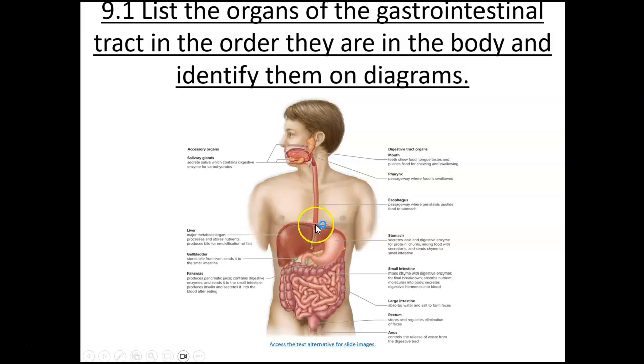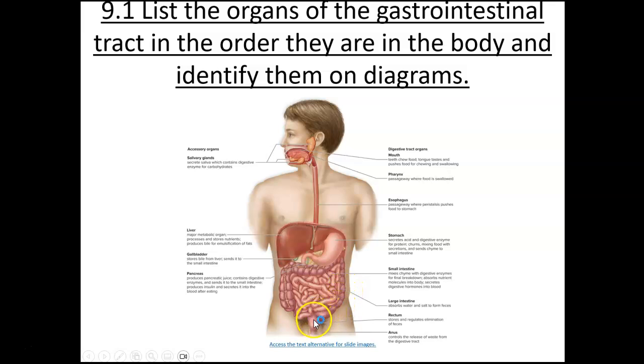Now, the liver's kind of blocking the top of the stomach in this picture, but there's a connection between the esophagus and the stomach, and we're going to talk about the details of that. Then the food's going to move from the stomach into the small intestine. This tube right here goes behind the large intestine, and here are the small intestines. There's lots of small intestines, and that's continuous with the stomach. After the food moves through there, it's going to get transferred into the large intestine, and you can see the large intestine goes up, across, and down.